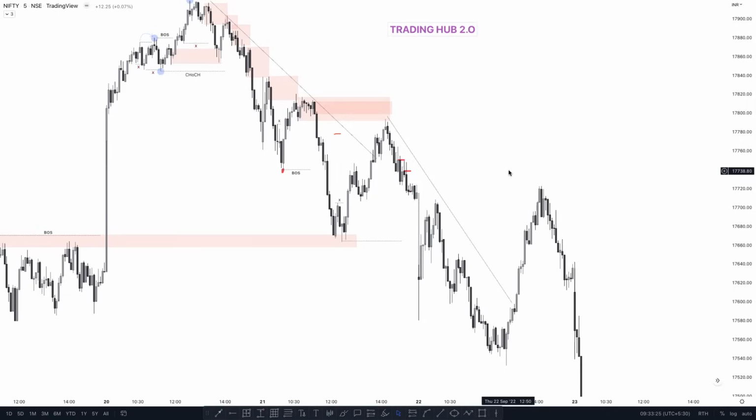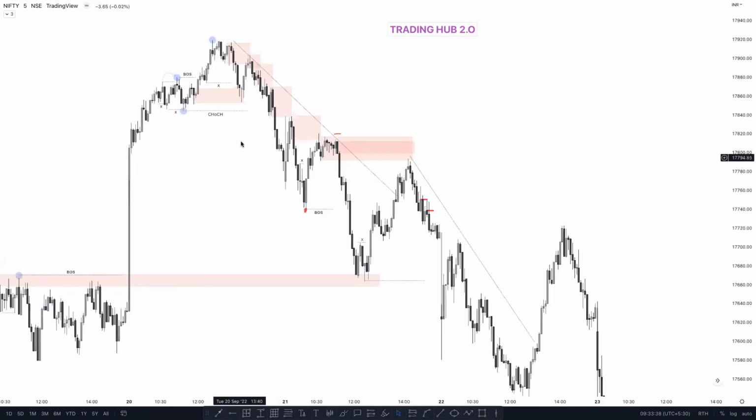And you can use one more thing: if every order flow is mitigated, then you can use an unmitigated order block. For example, here everything is mitigated, but this one is unmitigated.